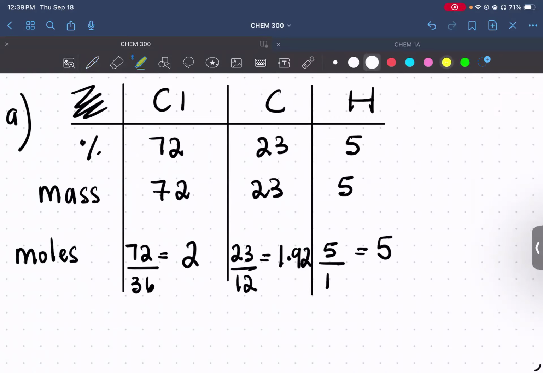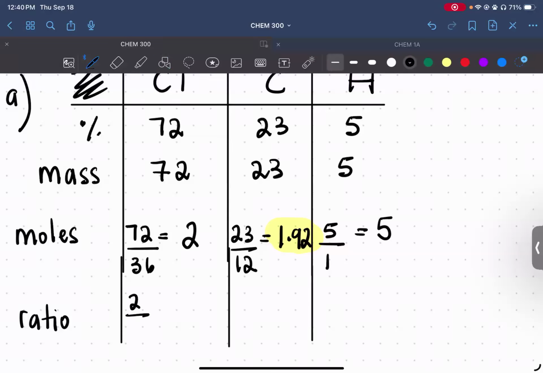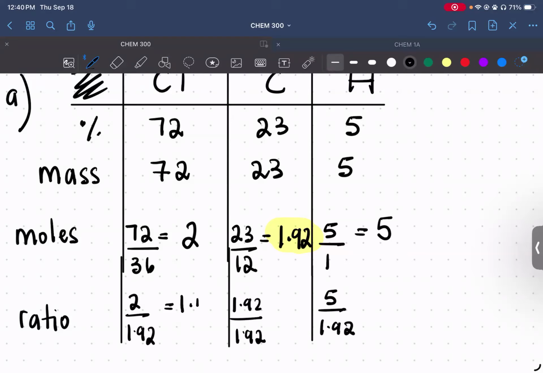We will then identify the lowest number, which should arguably be the 1.92. And then we're going to calculate the ratio. 2 divided by 1.92, 1.92 divided by 1.92, and then 5 divided by 1.92. 2 divided by 1.92 is approximately 1.04.